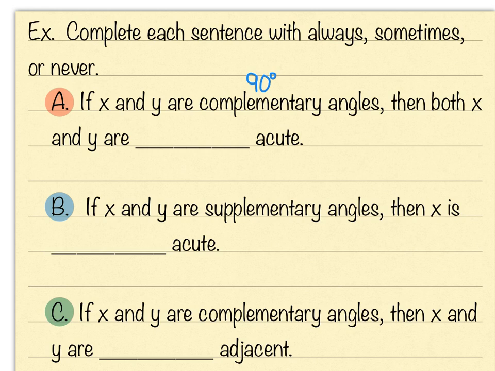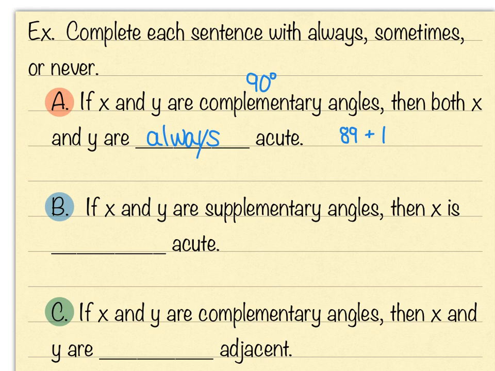Well, acute angles are angles that are less than 90. So if I've got two angles that add to 90, together they would have to be less. Even if one was 89 degrees and the other one was 1, they're both technically still acute angles. So if I've got two angles that add to 90, they would always be acute angles.